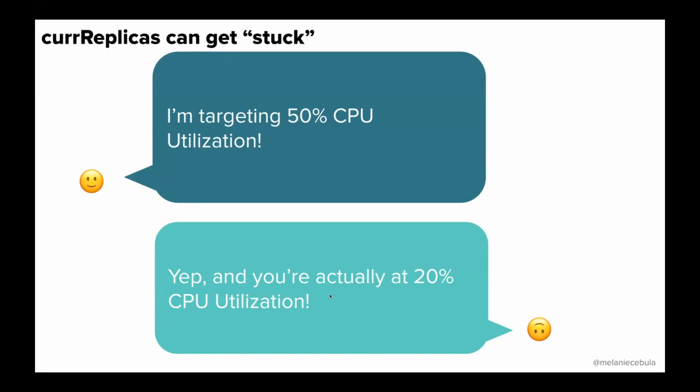There was a disconnect happening where even though people were aware of what they were setting for their min and max, in practice, they lost sight of that. Most developers remembered what they were targeting, and they just assumed that their utilization was around the target.